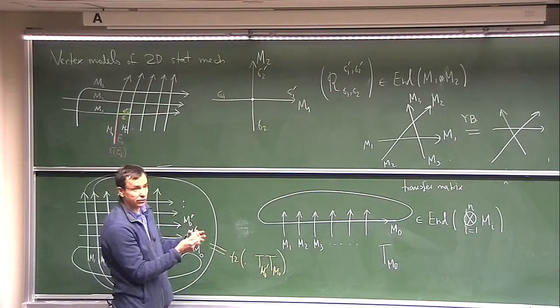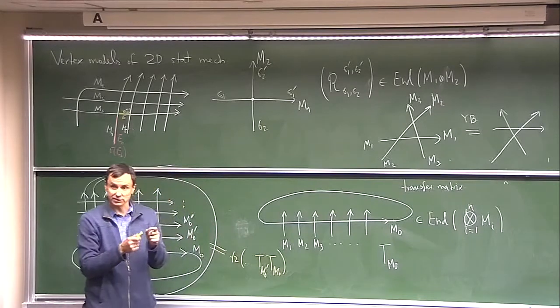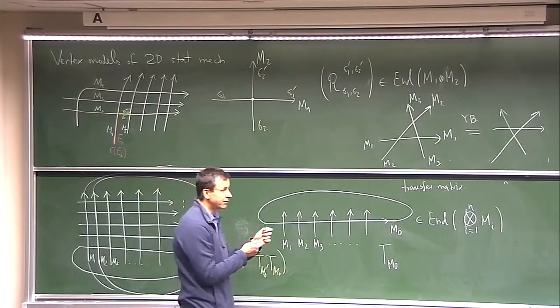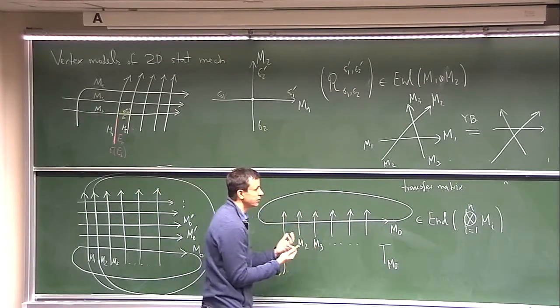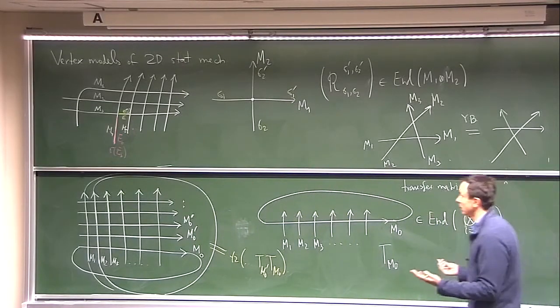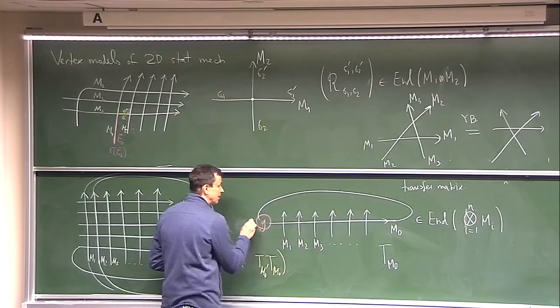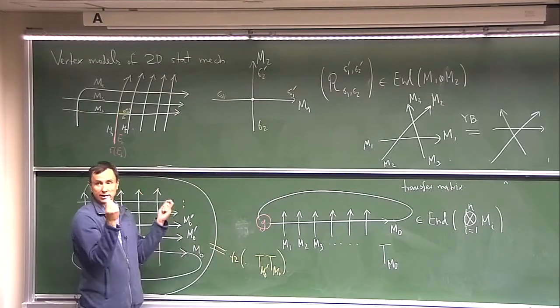Instead, if you remember the discussion of the quasi-periodic boundary condition in the spin chain, you can act by some element G as you identify it.